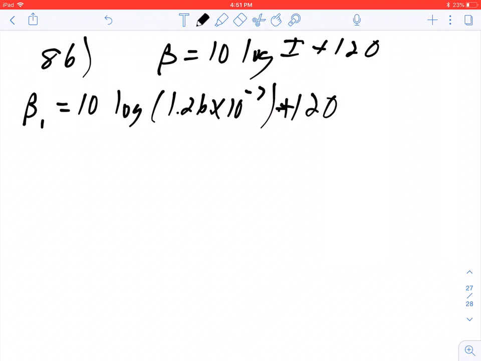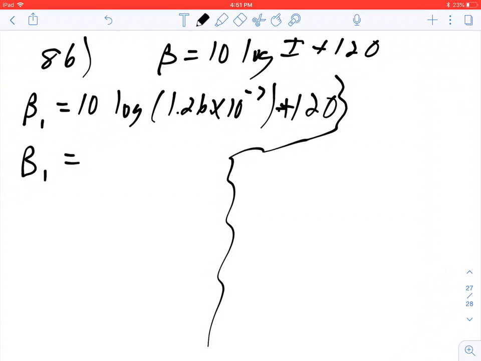Actually, before I get that answer, let's do the second one. The second one, we'll call it beta sub 2, is going to be 10 log, and then the other intensity is 3.16 times 10 to the negative 10th, plus 120.